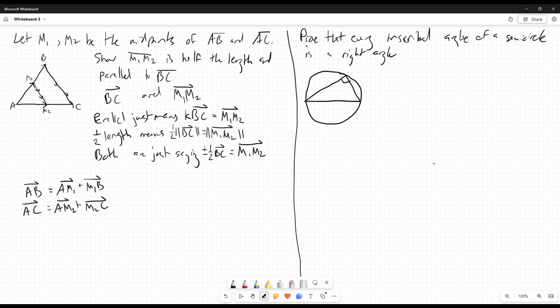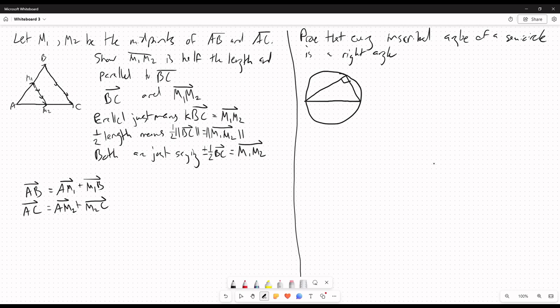And one thing we notice is that for each of these, AM1 and M1B are the same, and AM2 and M2C are the same. AM1 is the same as M1B because they're both the same length, since M1's a midpoint, and they point in the same direction.